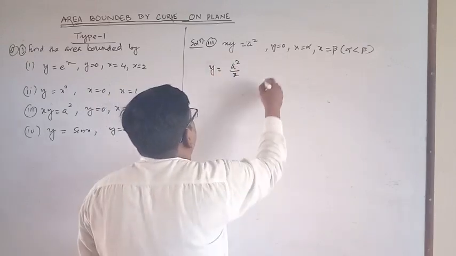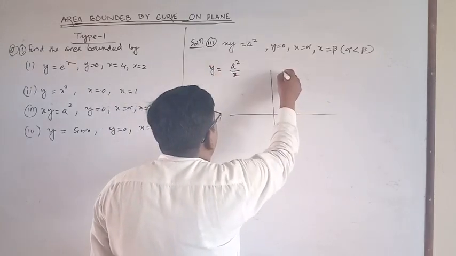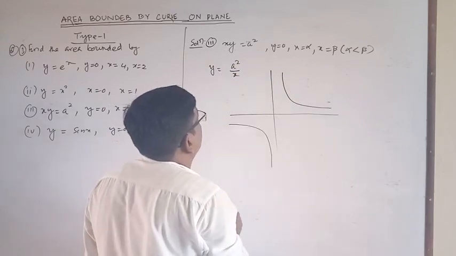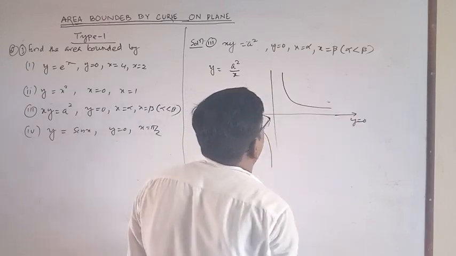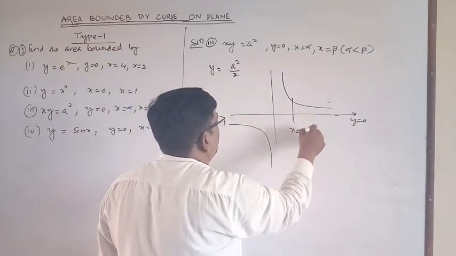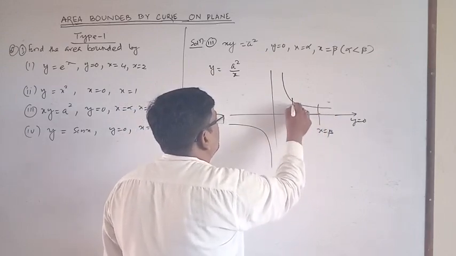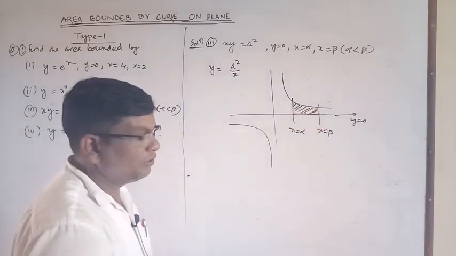The graph is a rectangular hyperbola, so the graph is like this. y equal to 0 means this is y equal to 0. x is equal to alpha is here and x is equal to beta here. So this region is the area of the shaded region.